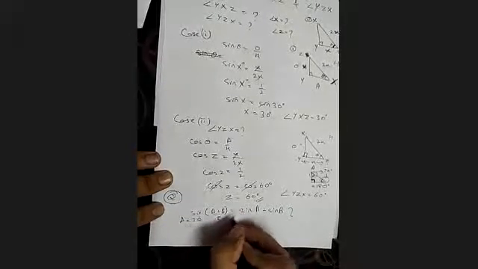So for an example, I am substituting A is equal to 30 degree, B is equal to 60 degree. So sine A plus sine B, that is sine 30 plus sine 60. Sine A is 30 degree. Sine B is 60 degree.